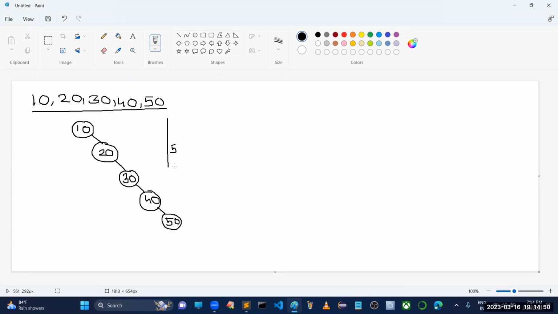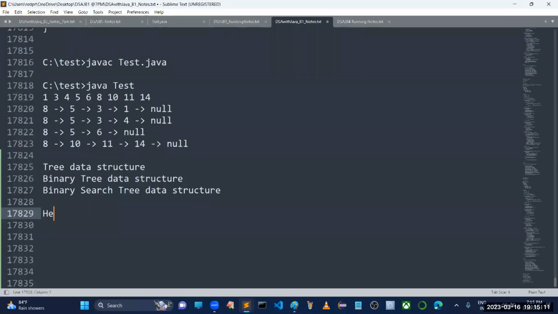Sir, it is very difficult to work with various operations. If I want to search, you need to go up to this level. For any operation, it will become very difficult. That's why height balanced trees are required.